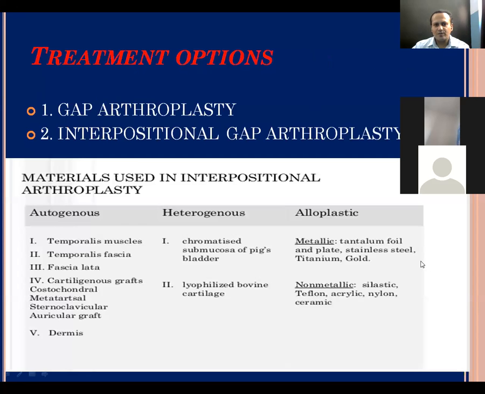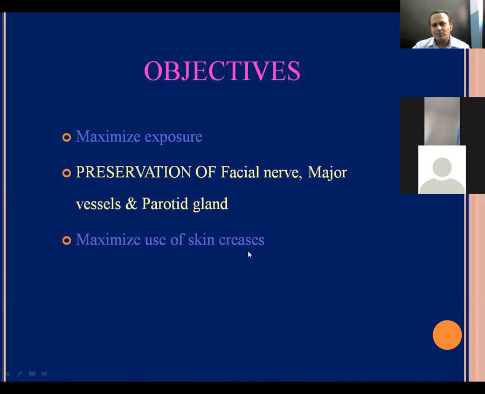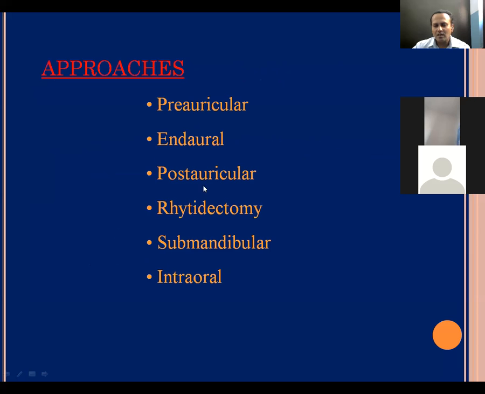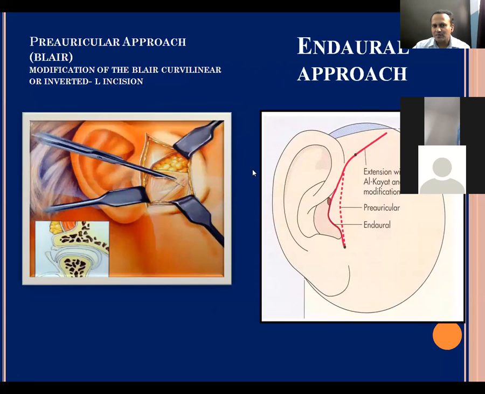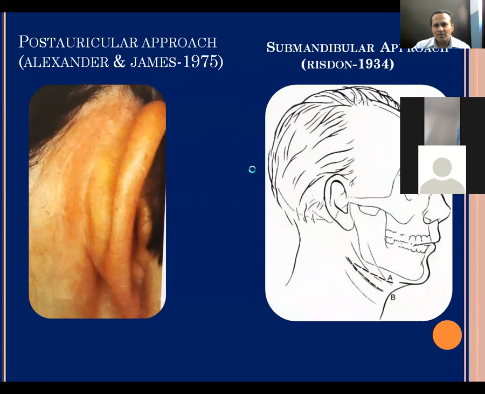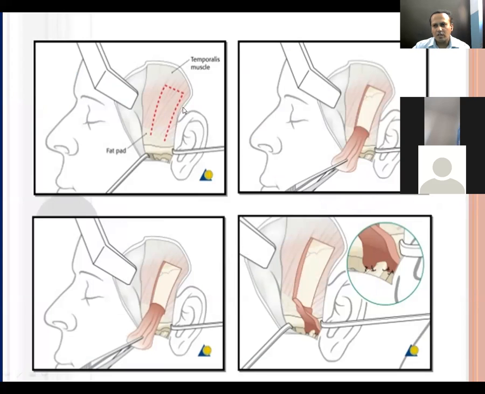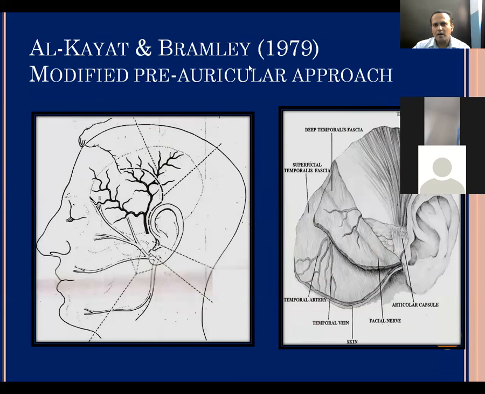The protocol: surgical access. These are the approaches which I discussed today. The one which we follow is Al-Kayat and Bramley's approach, a modified preauricular approach. Why is this done?